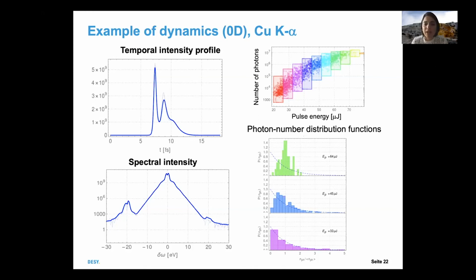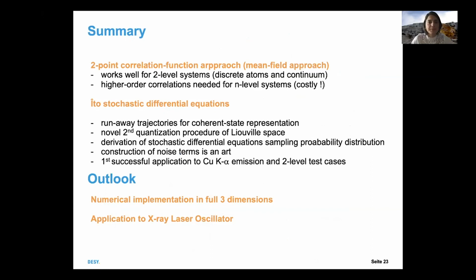So we now have a theoretical means of really predicting these distributions by this trajectory approach. As a summary, I introduced a mean field approach to treat superfluorescence by coming up with the equations of motion for the 2-point correlation functions of atomic coherences.